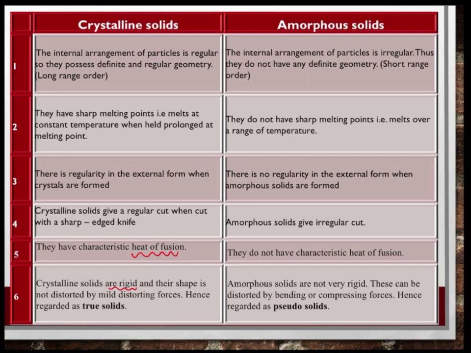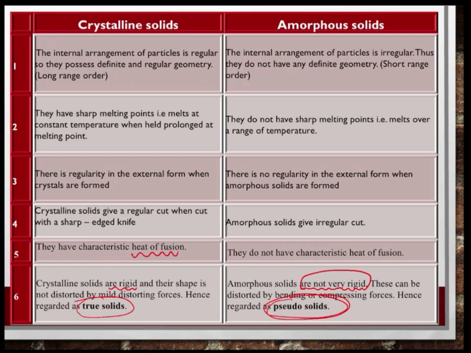And these are two parts of solid. तो अमॉर्फस सॉलिड्स भी रिजिड होने ही चाहिए, but the point over here, since the arrangement of the particles is not regular in case of amorphous, they are rigid, but they are not that rigid that they can actually give you the properties of the solid rigidity, and that's the reason they are called as pseudo solids, and crystalline solids are known as true solids.